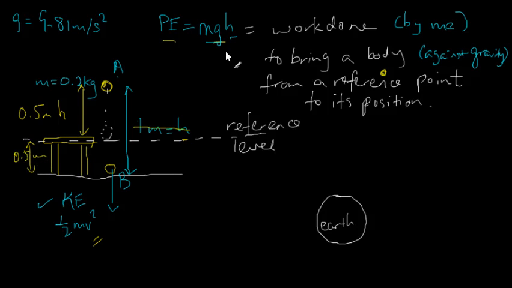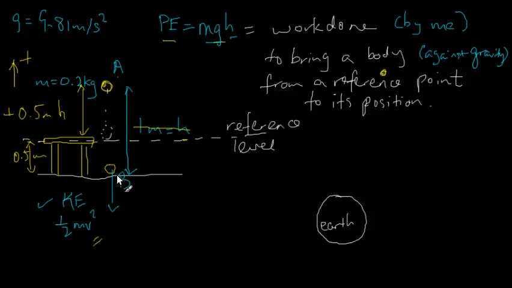Now, one thing we need to do is to treat the h as a displacement, meaning that I need to take a positive direction for h. So let me choose up to be positive. Therefore, when the ball is up there, the displacement from the reference level is plus 0.5.